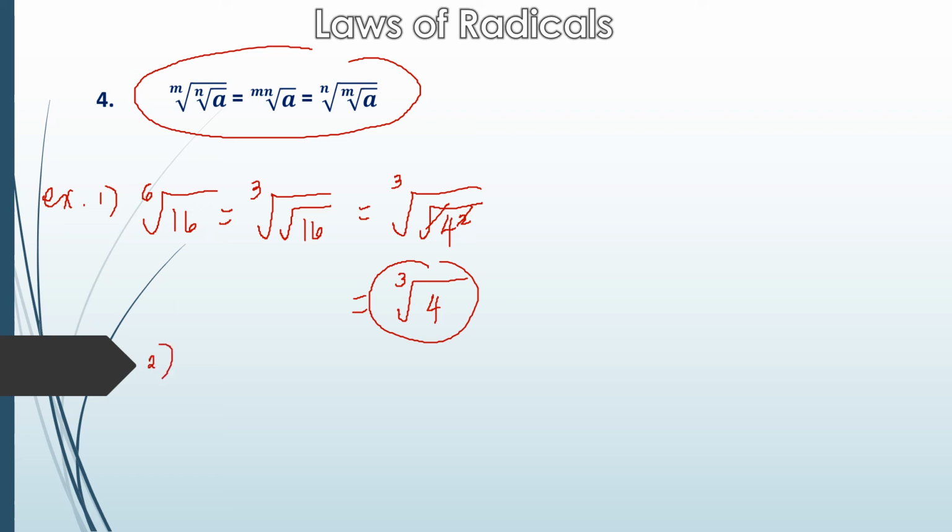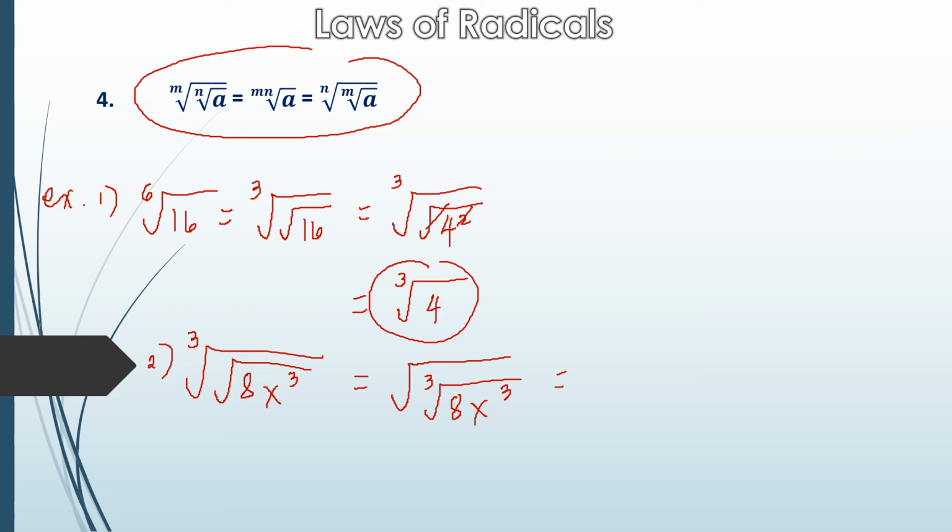Let's say we have the cube root of the square root of 8x raised to the third power. Applying the given law, this expression is also the same as the square root of the cube root of 8x raised to the third power.